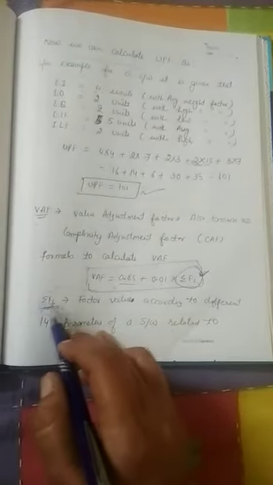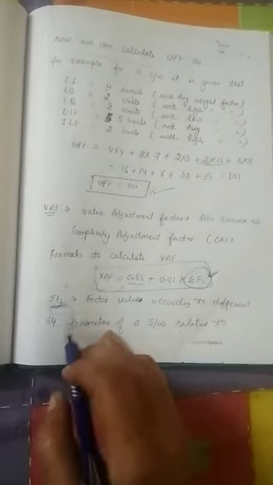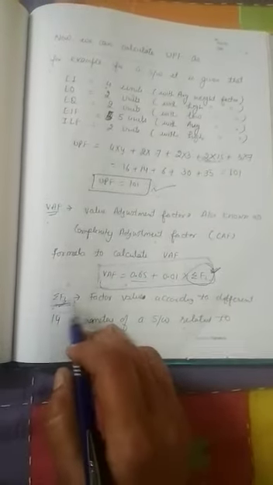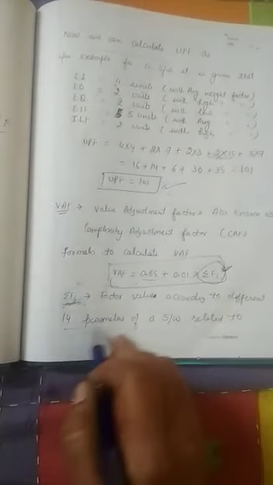So summation Fi, what is the index i? i varies from 0 to 14. It means that there are 14 quality factors, 14 parameters or influence factors related to the software quality and functionality.